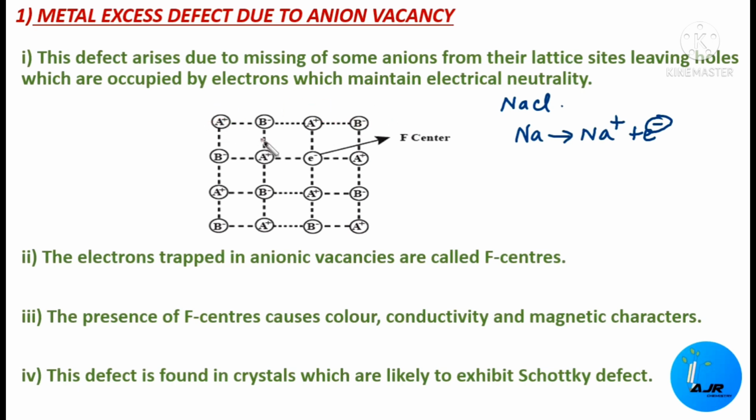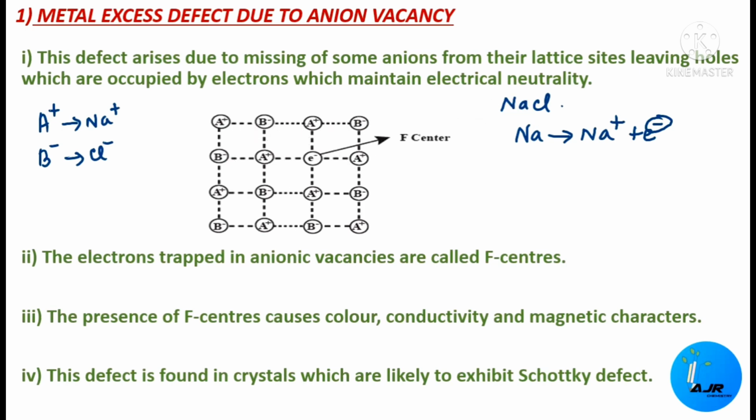As I told you, A plus represents Na plus and B minus represents Cl minus. Now this Na plus is deposited on the surface when the NaCl crystal is heated in the presence of Na vapor.